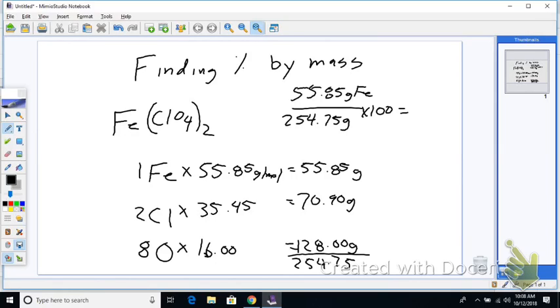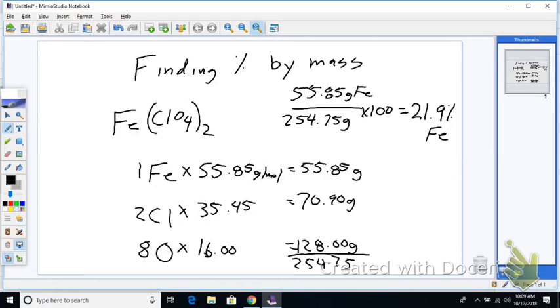Now sometimes you'll have problems that ask you just for one of the 3. It won't have you do each and every one. I'm going to have you do each and every one, and then in the future, you probably won't have to do that, to prove to me that you know how to find percent mass. So the first one we got a little over 20% iron, or a fifth of the weight is iron.